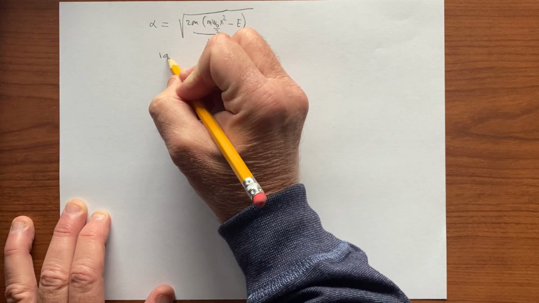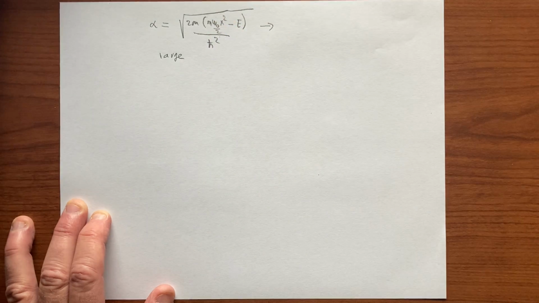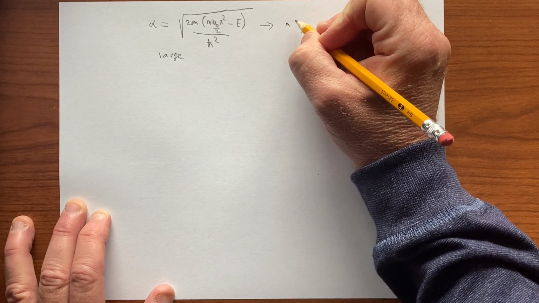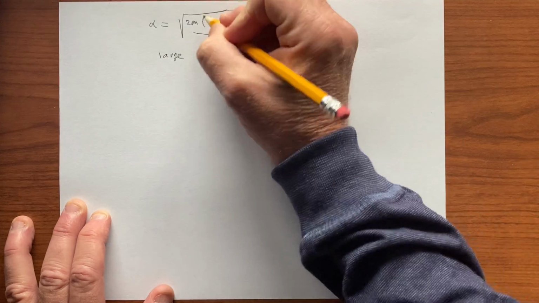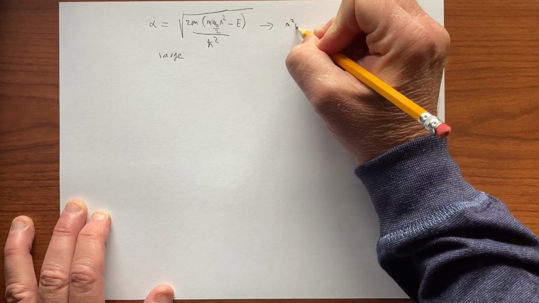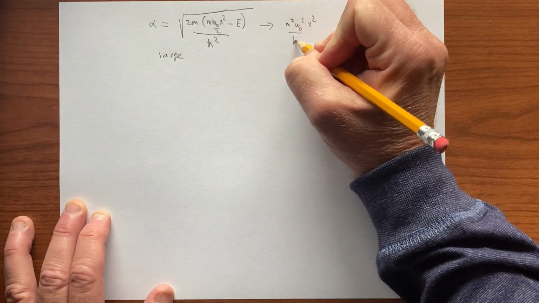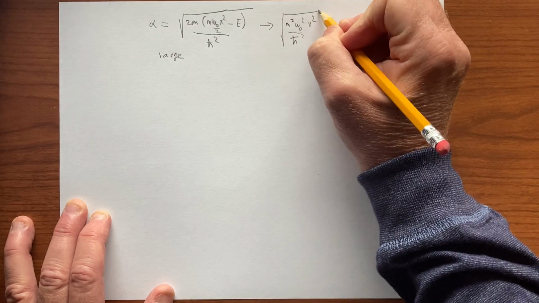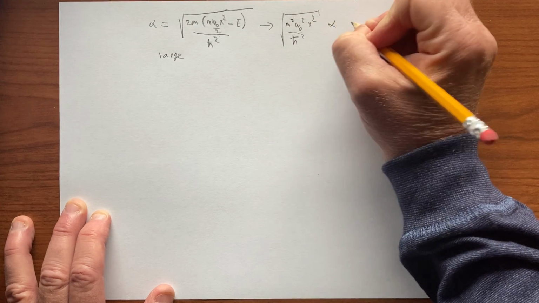For large x, let's explore this, the potential dominates for some value of the energy. And so this looks like the square root of m squared omega naught squared x squared over h bar squared for large values of x, and this basically is proportional to x.